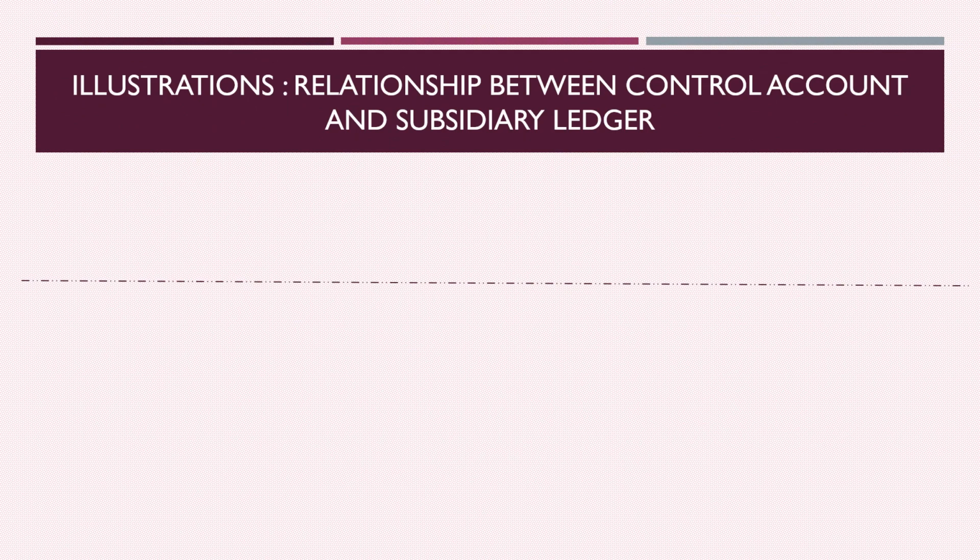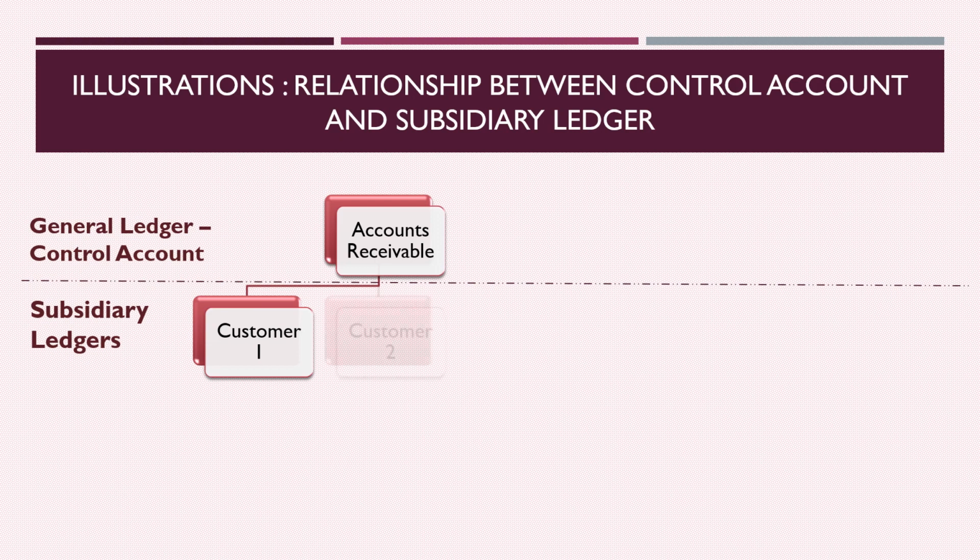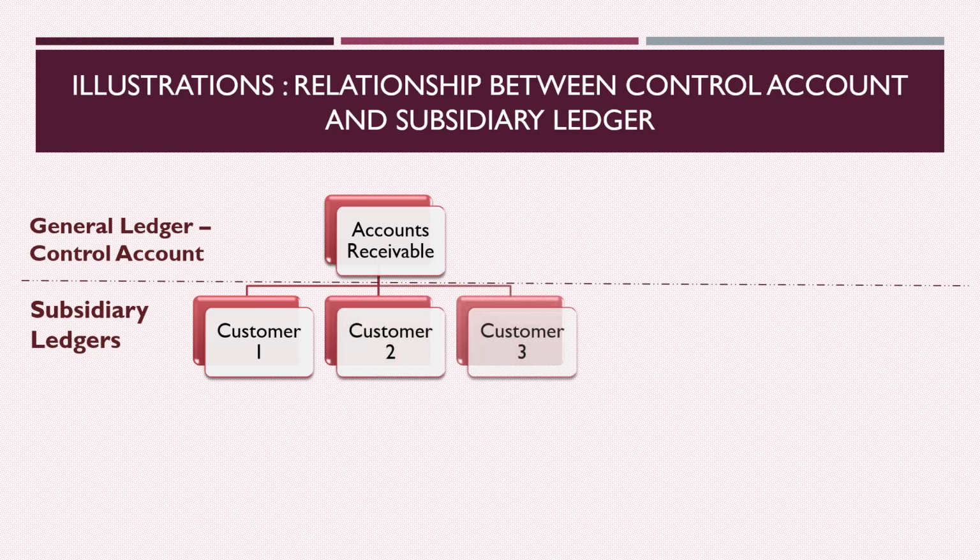Now, let us see the illustration of the relationship between control accounts and subsidiary ledger. In the general ledger, accounts receivable is a control account. And the subsidiary ledgers are, for example, Customer 1, Customer 2, and Customer 3.